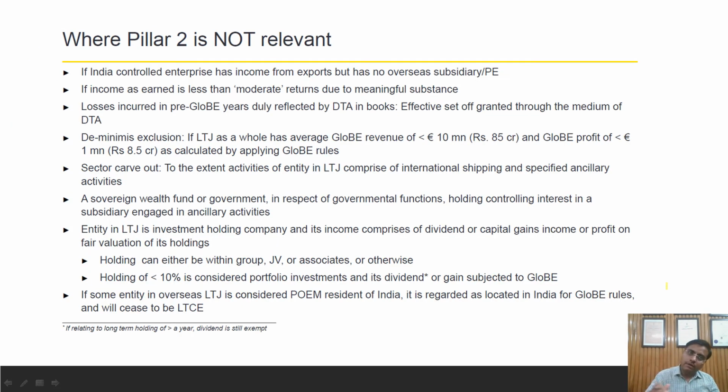So where Pillar 2 is not relevant, as I say, is the de minimis exclusion: in a particular jurisdiction, if your revenue is less than 1 million and profit is small, then you fall under the de minimis exclusion rule. Suppose you are maintaining a portfolio and your holding is more than 10%, then you are also part of the Globe rule. It says that your dividend and capital gain are outside the purview of the Globe rule.